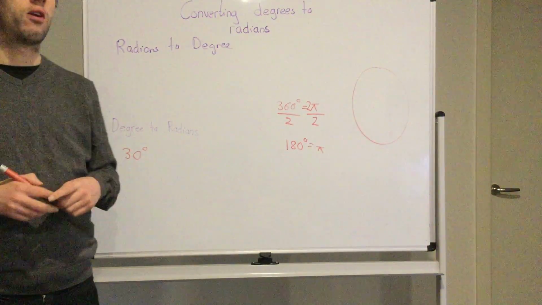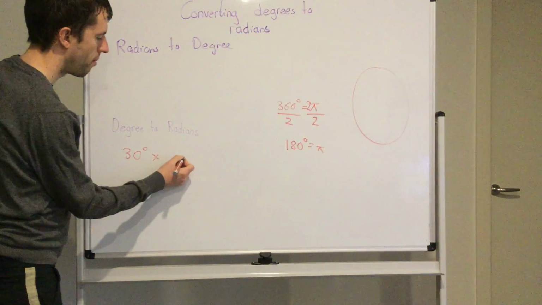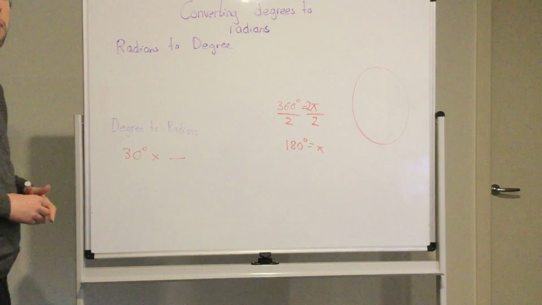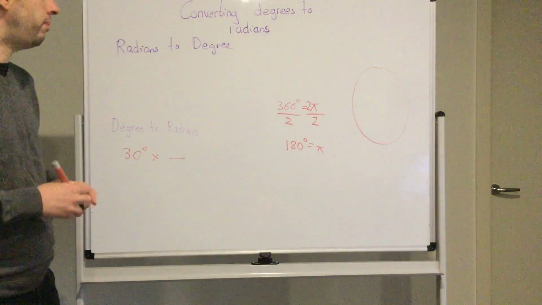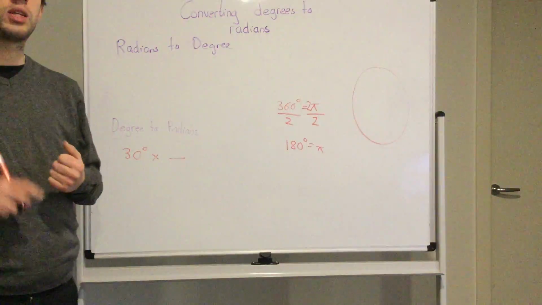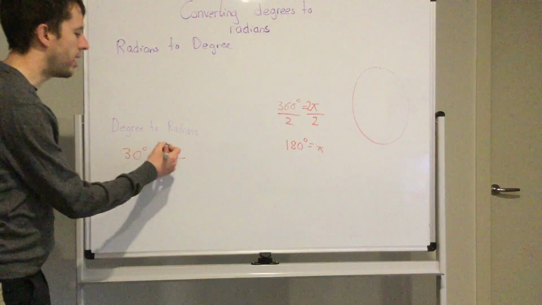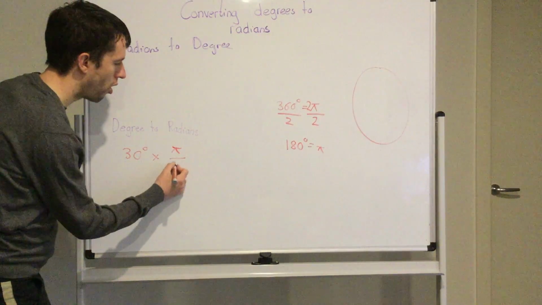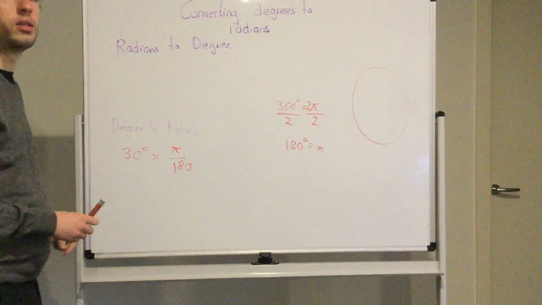We always start off with an amount, and then we times it by the ratio, by the fraction, but it's in ratio form. Because I want to convert it into radians, it is always radians over degrees.